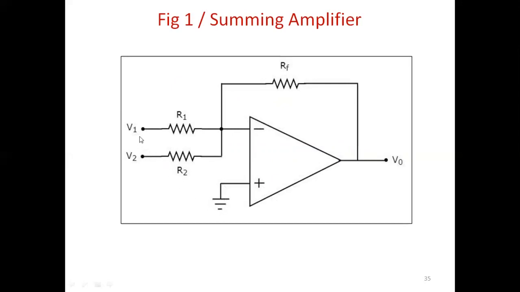We are applying two input voltages V1 and V2 through R1 and R2 to the negative terminal. So it is called an inverting summing amplifier. Please note that we can construct the summing amplifier in non-inverting configuration also. R1 and R2 are the input resistors, RF is the feedback resistor, and V0 is the output voltage.